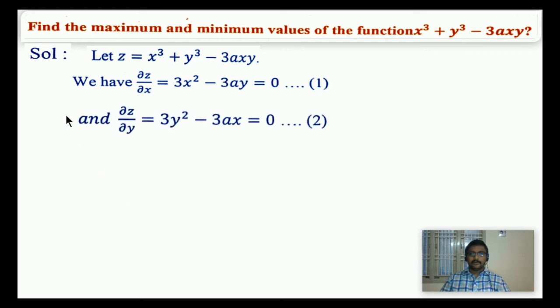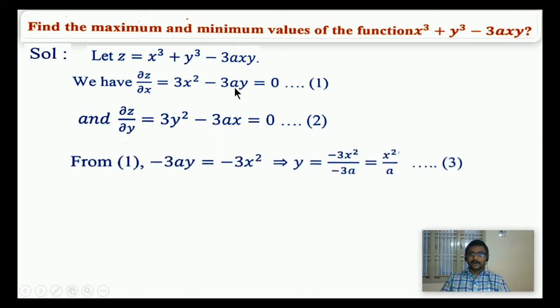And dou z by dou y is obtained by differentiating z partially with respect to y. While differentiating partially with respect to y, keep x as constant. X cube derivative 0, y cube derivative 3y square, negative 3axy derivative is negative 3ax, constant, y derivative 1, which is equated to 0. Now solving these two equations to get stationary points.